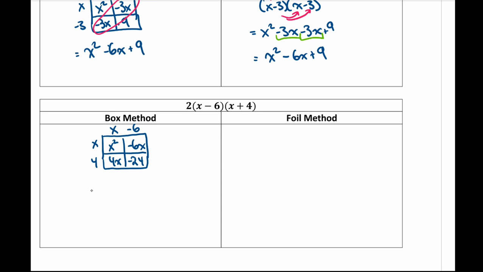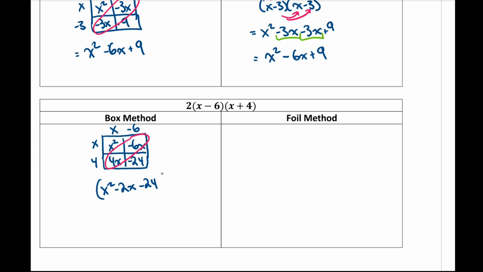So here, when I simplify, I have x squared, the two diagonals is negative 2x and minus 24. So I've multiplied the two brackets together, and I've gotten x squared minus 2x minus 24.